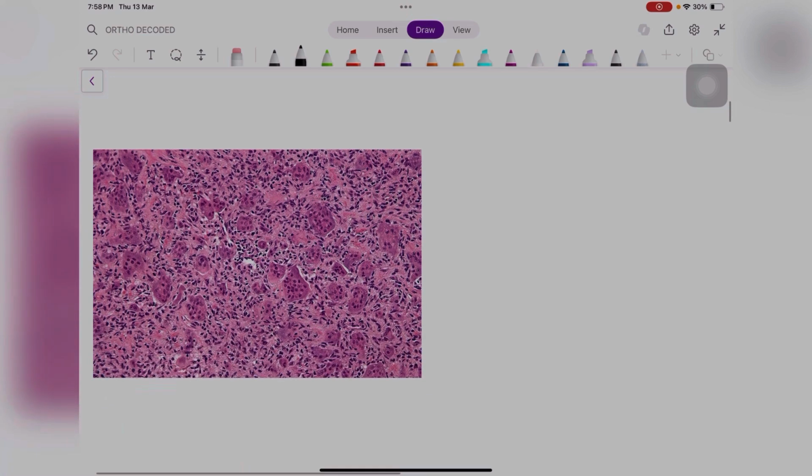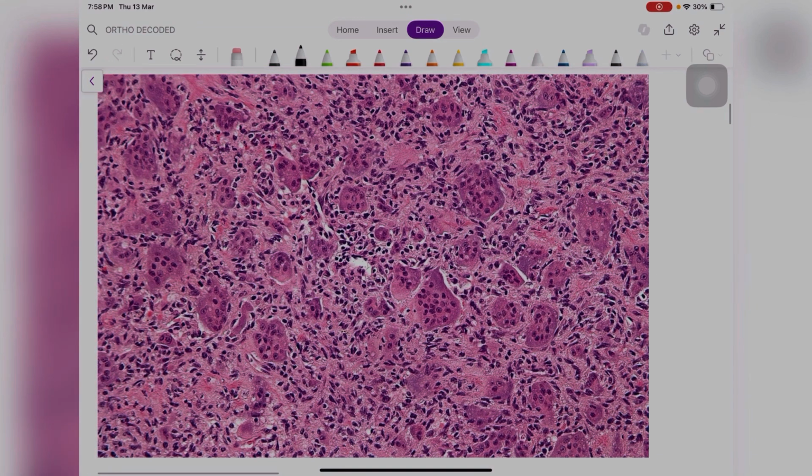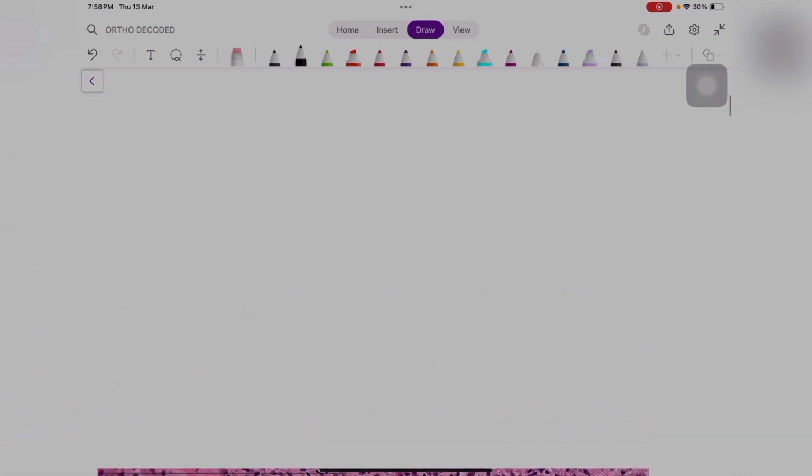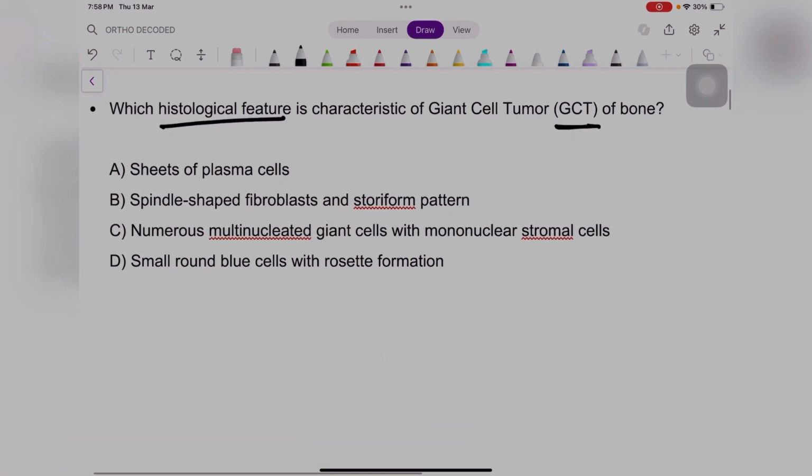It is nothing but what you can see here. It is the mononuclear stromal cells, and you have your giant cells, multinucleated giant cells. So what is the answer for this question? The answer is numerous multinucleated giant cells with mononuclear stromal cells.